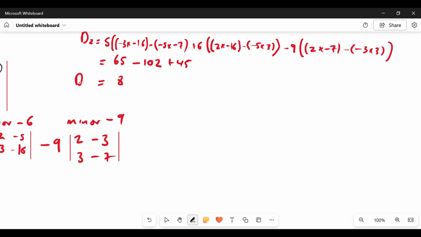So our dz is going to be 8. Remember, when we are calculating for z, the formula goes like this: dz divided by the determinant. So this determinant that we got here, which is 8, is going to be divided by our determinant that we got earlier, which was 4. So our final answer, z is equal to 2.